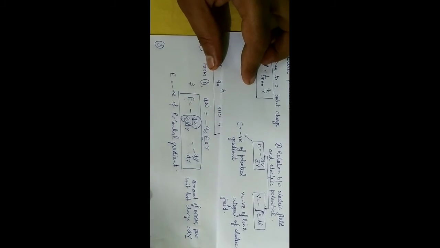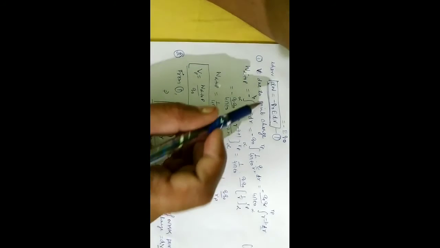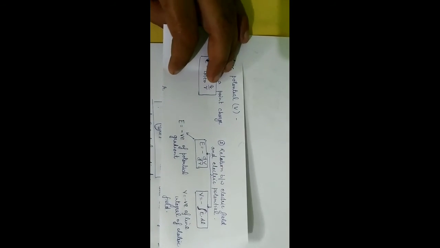Now our third relationship can also be derived from the same, from 1. dW is equal to minus q naught E dr. So I want to find out this relationship: electric potential is equal to negative of line integral of electric field.